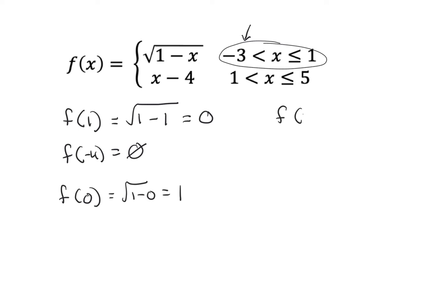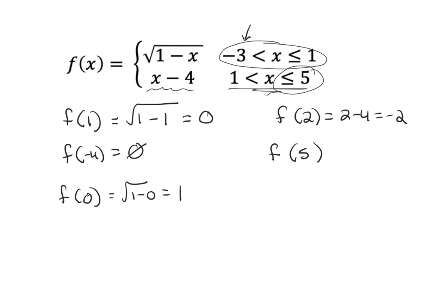Okay, let's look at f of 2. We are now switching. 2 is within this domain from 1 to 5, so we're just caring about this function. 2 minus 4 is negative 2. Okay, f of 5. Here's 5, and it's including, so we will plug 5 in. 5 minus 4 is 1.